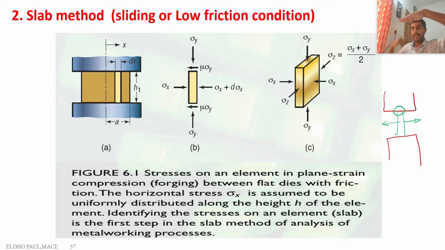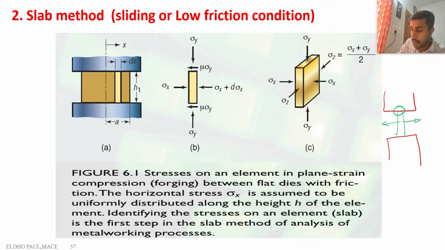The die is stationary, so what happens? There will be a relative movement between the die and the workpiece. This relative, sliding motion between the die and the workpiece creates friction, so there will be a friction force.